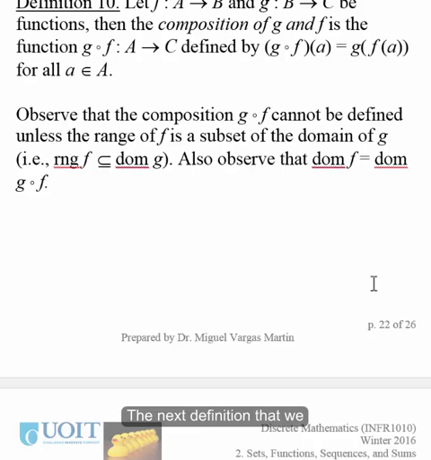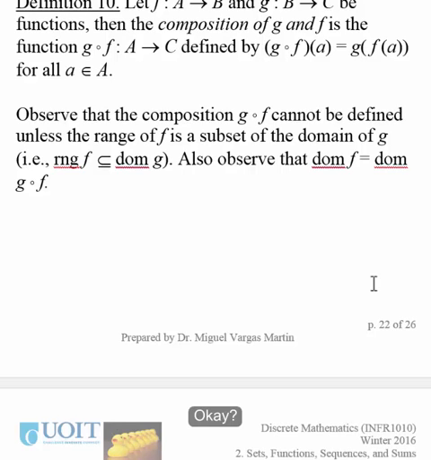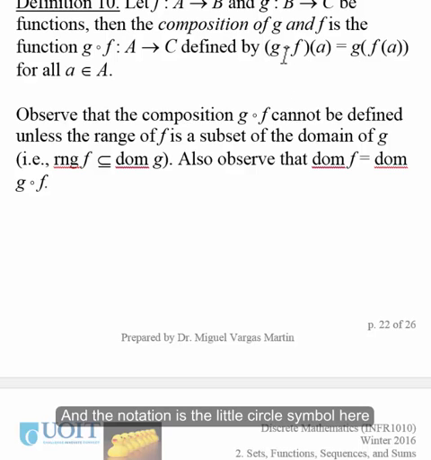The next definition that we have is the composition of functions. That means that you can link together two functions, f and g. When you map from set A to set B, then you can also map to set Z. The notation is this little circle symbol here.